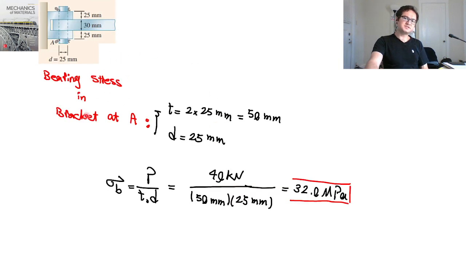Likewise, for bearing stress in the bracket at A, which has a thickness of 2 times 25, which is 50, and a diameter of 25, sigma B is nothing but force over t times d, which is 50 times 25. And that's all for this example. Thank you.